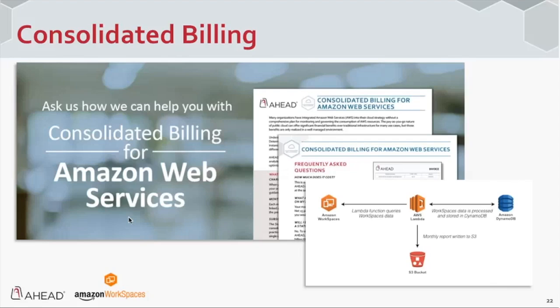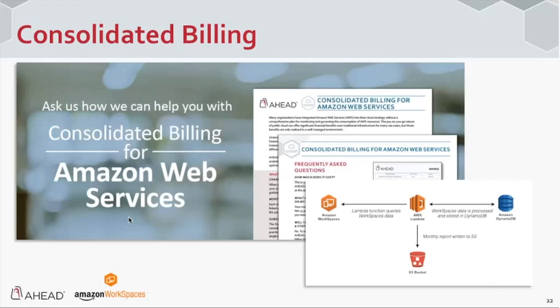If you look in that lower right-hand corner, that's actually a solution we designed to get around one of the tagging limitations. So basically, we're using the Amazon Lambda serverless function to pull workspaces and write that into DynamoDB and S3. What that allows us to do is give more granular reporting back to our customers.